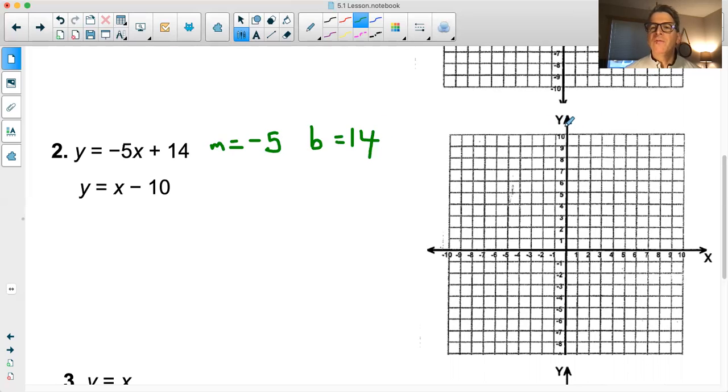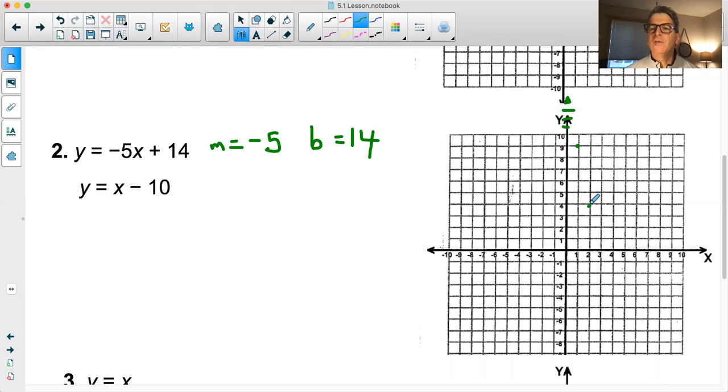So up here at 14, 11, 12, 13, 14 is where the graph starts. So we're going to go down 5, 1, 2, 3, 4, 5 over 1.